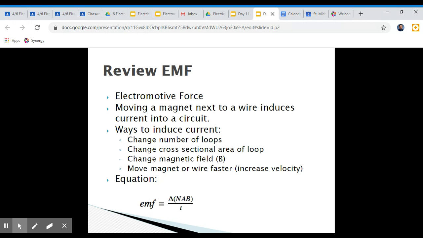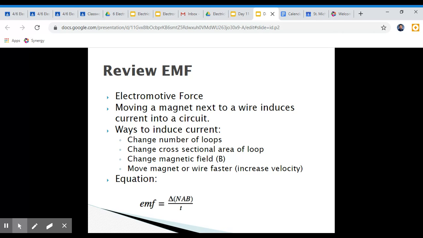So let's just kind of review electromotive force. Remember, that's when we move a magnet next to wires to induce a current, or you could do the opposite. You can move the wires next to the magnet, either one, as long as they're moving next to each other to induce a current. And we can change the number of loops, change the cross-sectional area, change the magnetic field, or when we're moving it, we can move it faster or slower.